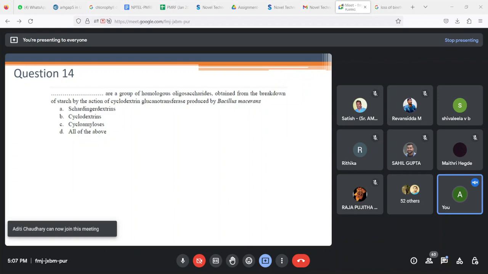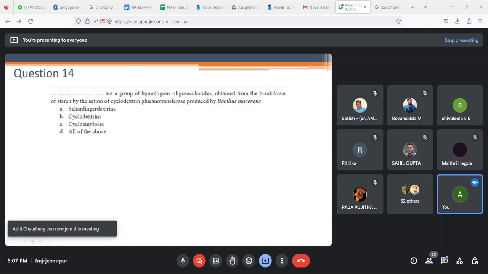So cyclodextrins are oligosaccharides that are arranged in a cyclic manner. You will have either 6, 7 or 8 glucosyl units, all arranged in a ring-like manner. That is, it will form a donut-like or ring shape, and these are known as cyclodextrins.